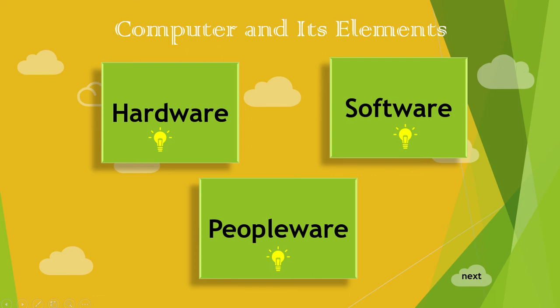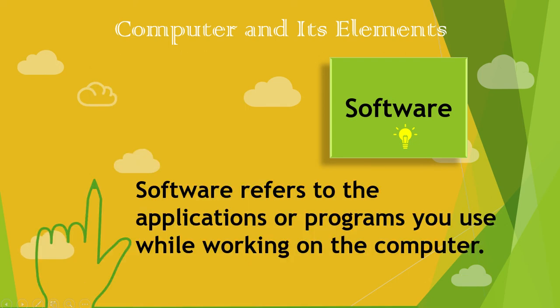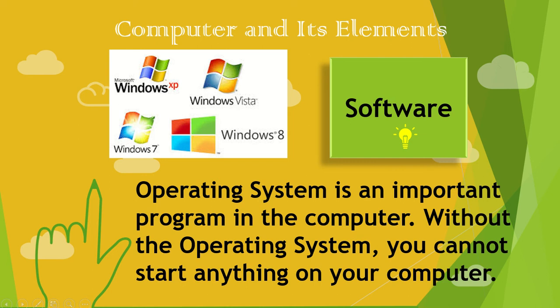Next is the computer software. What do you think is a computer software and how does it differ from the hardware? Software refers to the applications or programs you use while working on a computer. Okay, we have two examples of software.